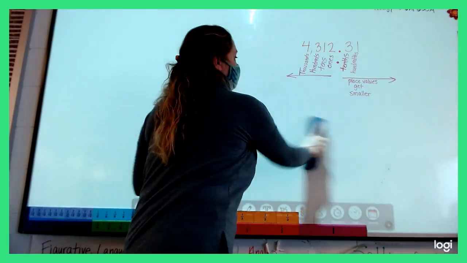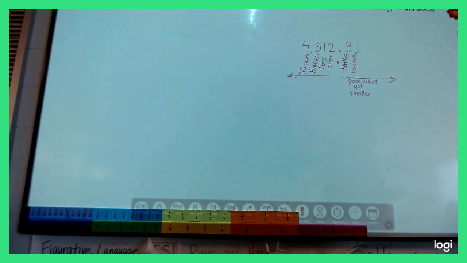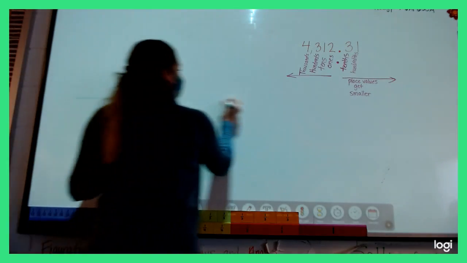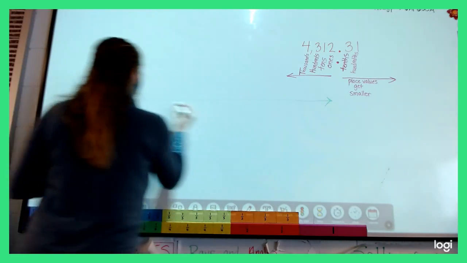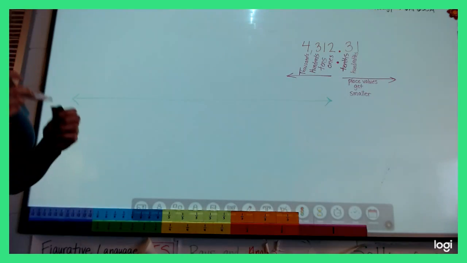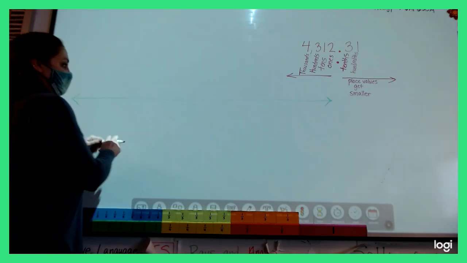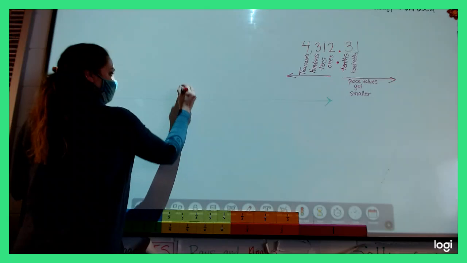All right. So I'm going to leave that up there. I think that's helpful. Okay. So make your number line. Try to go all the way across the middle. We have plenty of room. Like our whole board. Pretty much, yes. Okay. Now, first thing, let's put 0 right here.